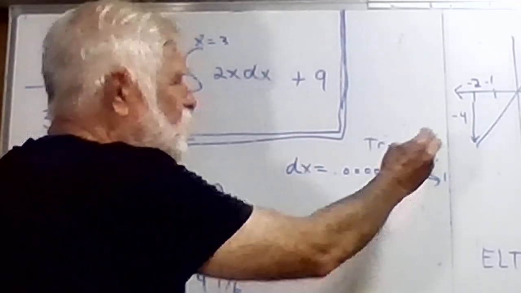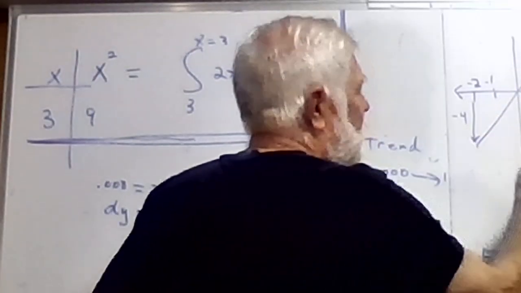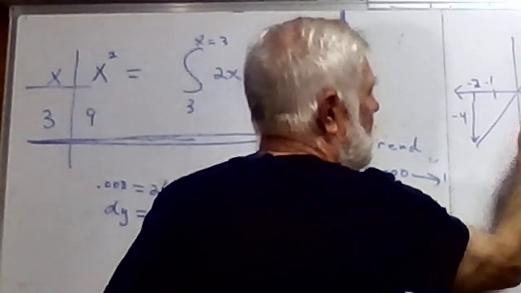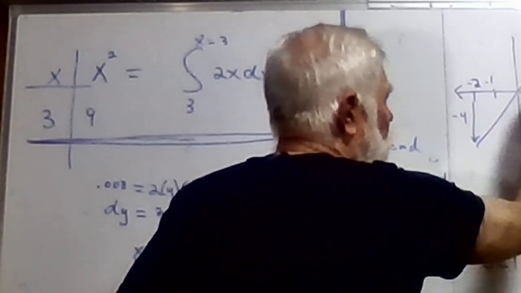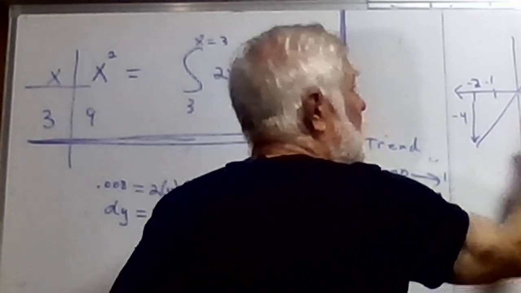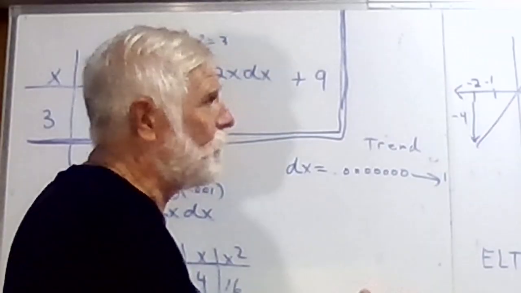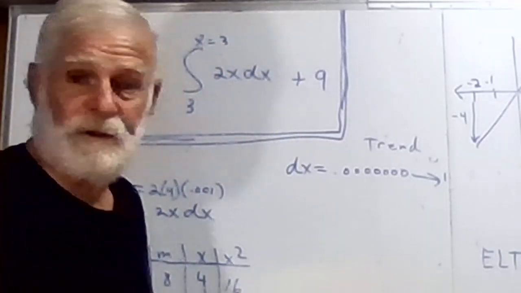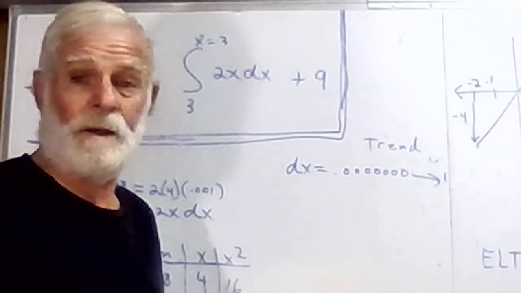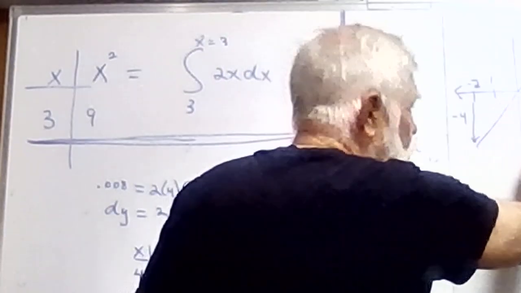Okay? So here's y equals 2x. And if I move over 1 unit, my altitude is 2 times 1, 2. And that's a triangle. It's a right triangle. And 1 times 2 is 2, cut in half is 1. And guess what x squared is at 1? 1 times 1 is 1. What if we went over 2 units?